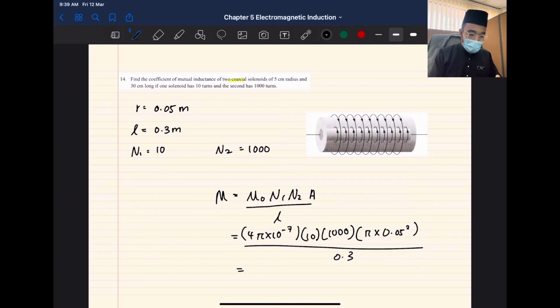Okay, don't press your calculator wrongly. Make sure you know how to press 4 pi times 10 negative 3. Press it yourself, don't depend on me only. So here I got 0.03. Is that right? Maybe I have to double check.